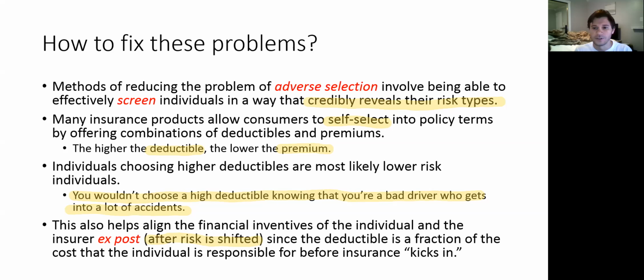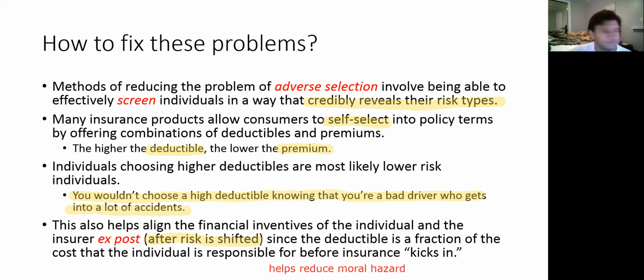So that aligns your incentives a little bit ex post, after the fact, in a way that would reduce moral hazard. And we can write that in here. And it helps reduce moral hazard by essentially aligning financial incentives a little bit more directly.